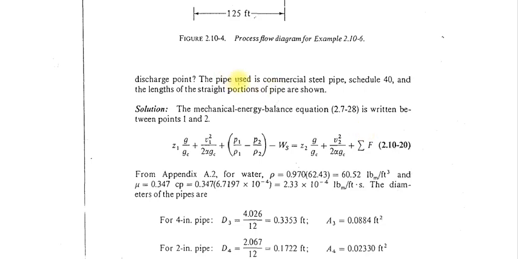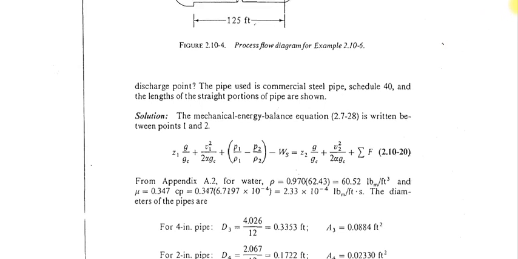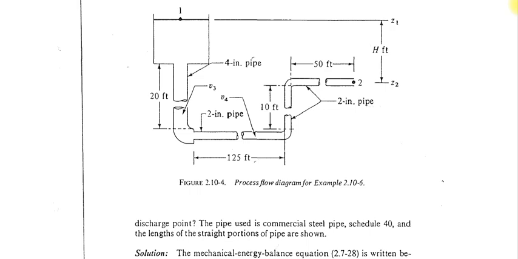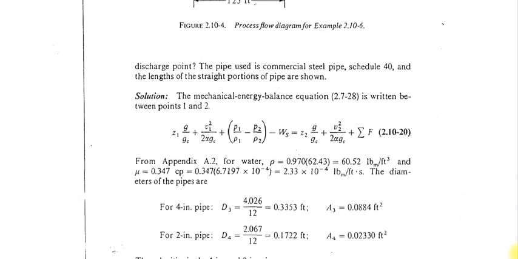Here, the pipe uses commercial steel pipe schedule 40. When you know the commercial steel pipe and the schedule number, you can calculate the internal cross sectional area of the pipe. Then you can calculate the linear velocity at point 2. So V2 is given.